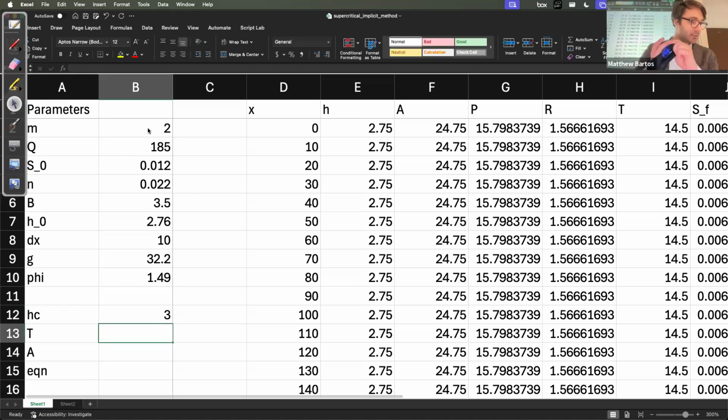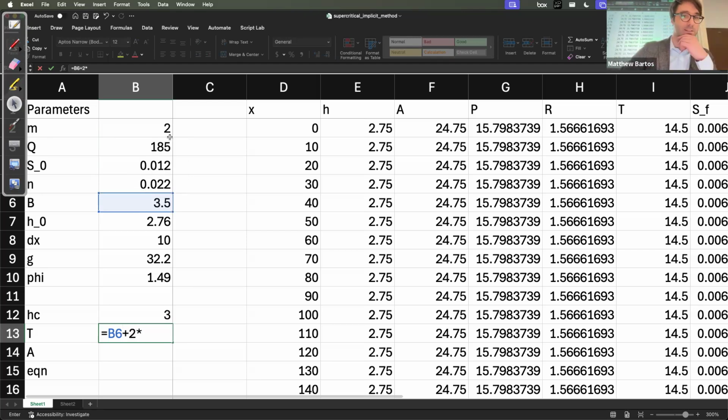The top width, for a trapezoidal channel, will be the bottom width, that's B6, plus 2 times the side slopes, that's B2, times the depth, which will be B12. That's our critical depth that we're trying to solve for.